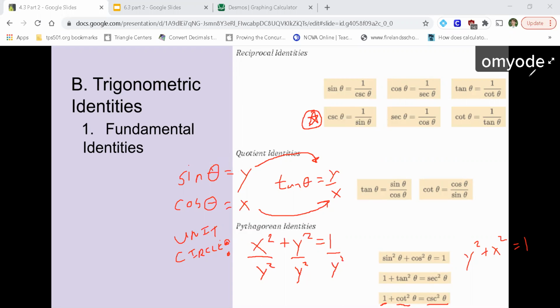So again, all of these identities that I'm giving you are really just manipulating those 6 formulas we started the class with and showing how the different trig functions relate to each other.